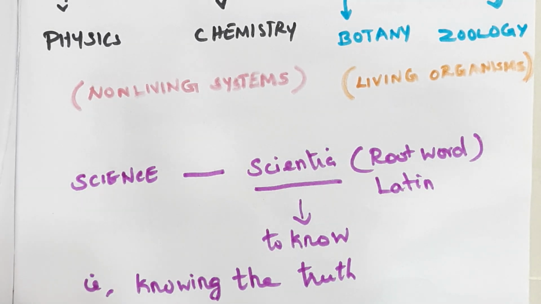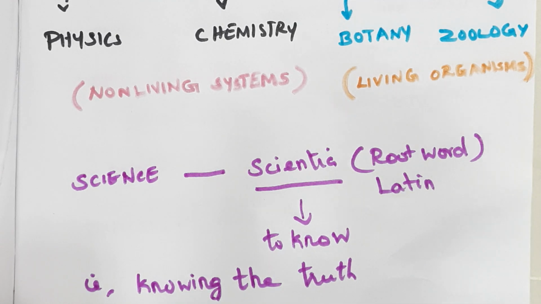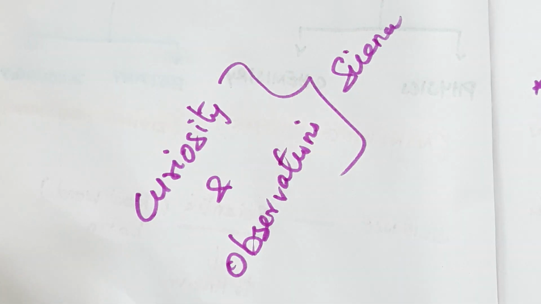It is the knowledge gained through observation, that is, the things happening around us, and experimentation and finding the reason. Okay, this is about science. So, curiosity and observations are the origin of science.